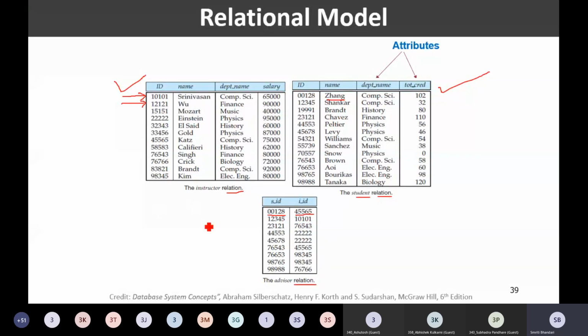If I find that ID in the instructor table, I have 45565 and the instructor name is Cats. So the student Zhang is associated with the instructor Cats. But while maintaining the table, we only maintain the data related to the IDs because IDs are unique. So this is how in general we maintain the data in the relational model.